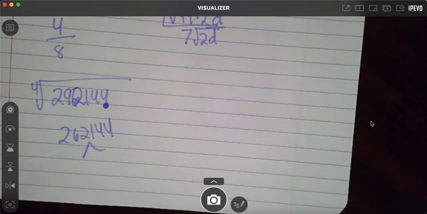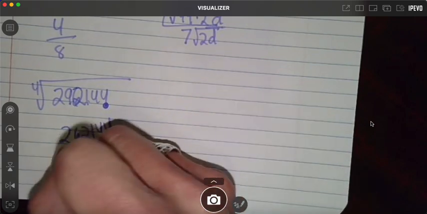What's the square root of 1,024? 32. 262,144 divided by 1,024 is 256.